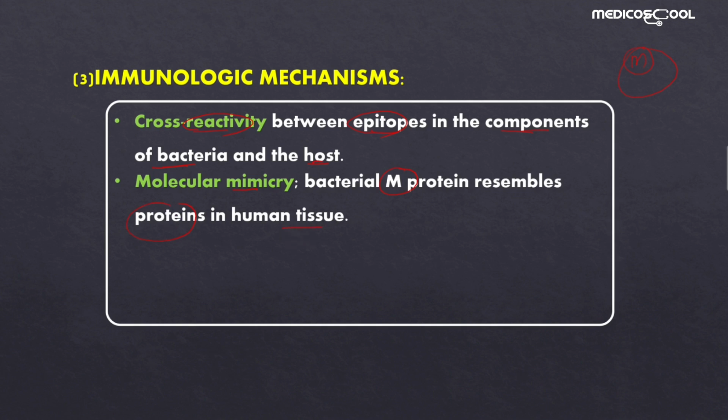So when antibodies are formed against this M protein, they also react against the cell proteins which resemble the M protein in human tissue, and thus cause acute rheumatic fever. And these proteins which resemble the M protein are mainly present in the cardiac tissue.